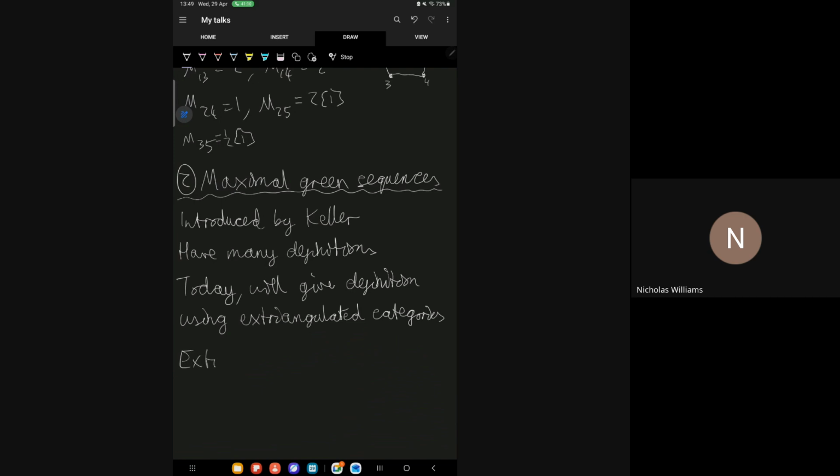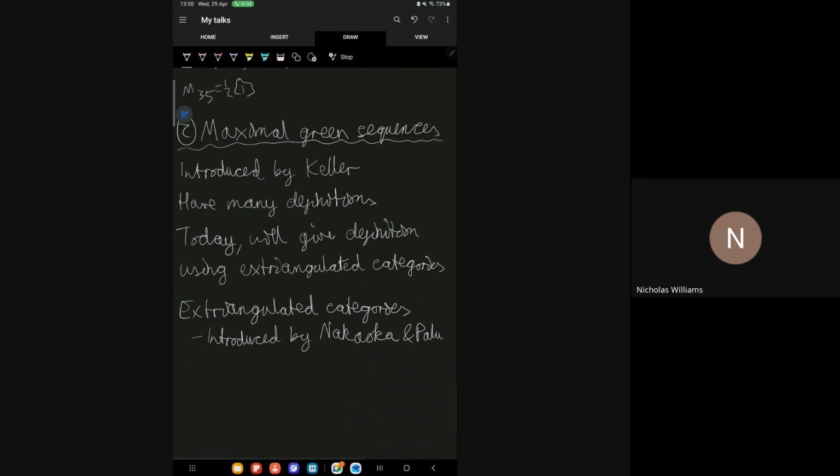Okay, so what are extriangulated categories? So firstly, I should say that these are introduced by Nakaoka and Palu.